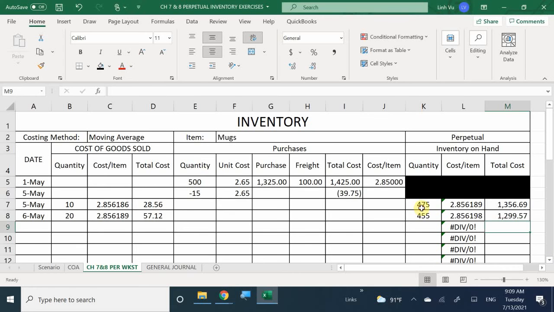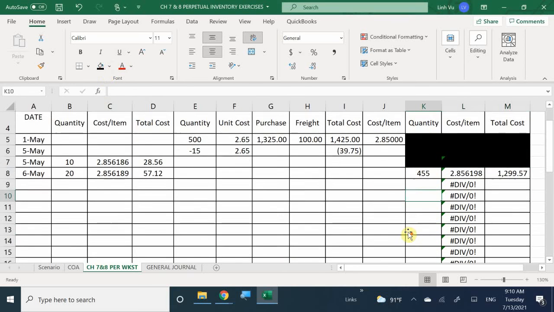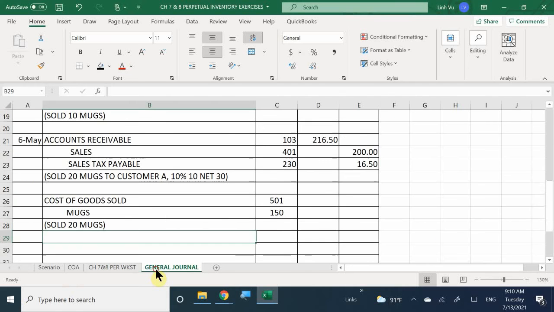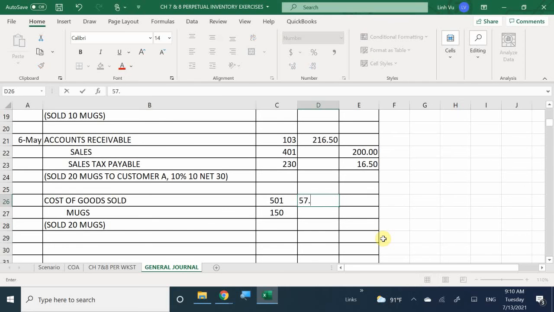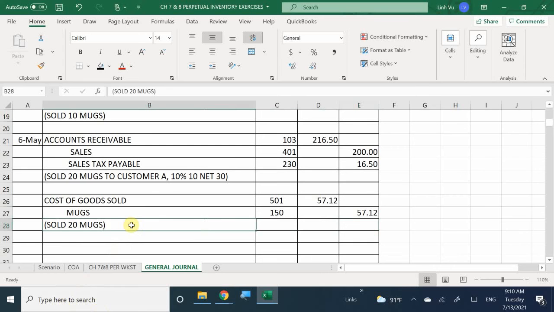Now I don't need this information anymore. There we go, that's my goods available now. I still have 455 items left. Here I sold a total of $57.12, so when I go back to my journal I plug that in: 57.12.